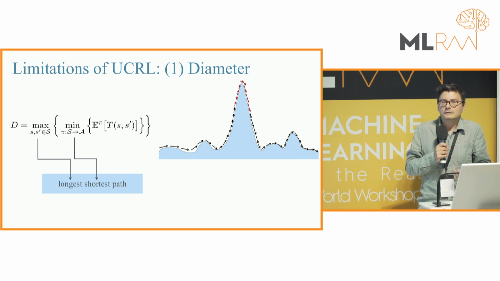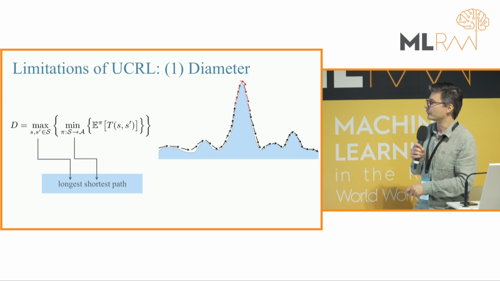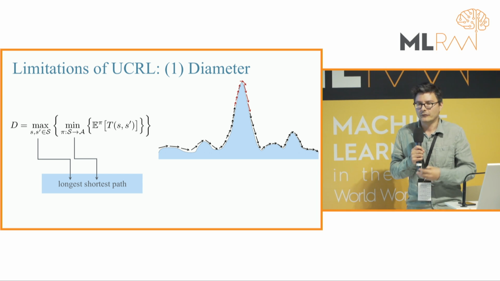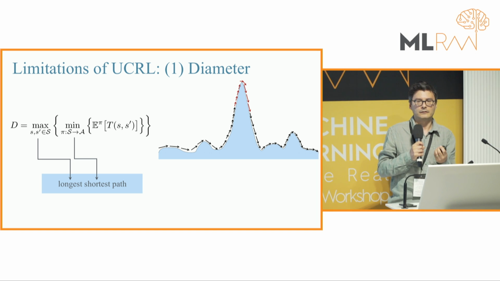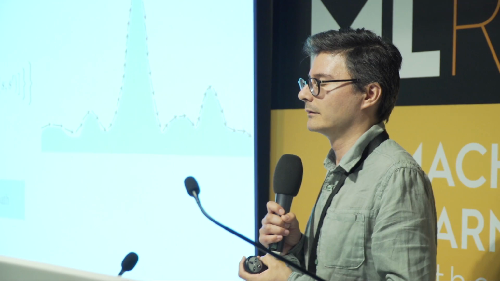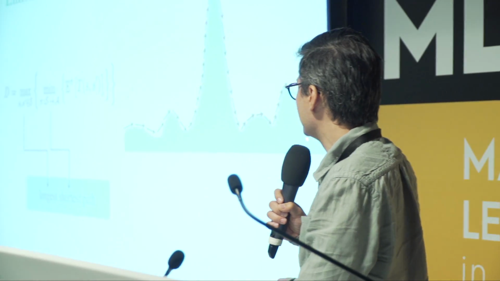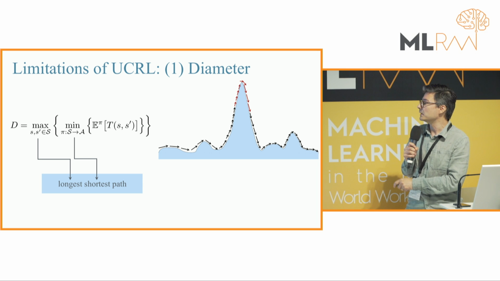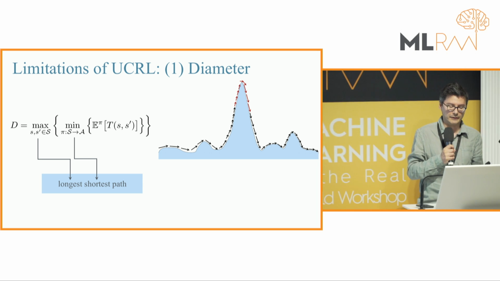And I might not really care that much about the fact that it takes a long time to go from here to here. The fact that it takes a lot of steps does not necessarily correspond to a bad regret, intuitively. Because again, maybe I don't even care about going here, or maybe going here is actually the optimal policy, and so I don't even suffer any regret by doing that.